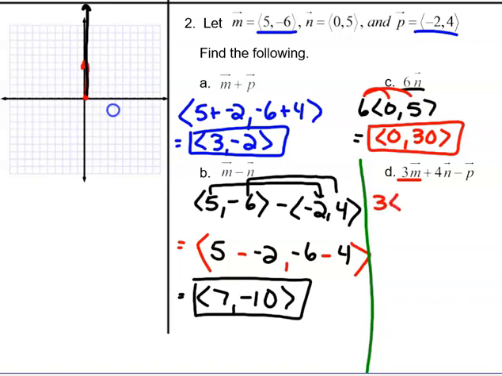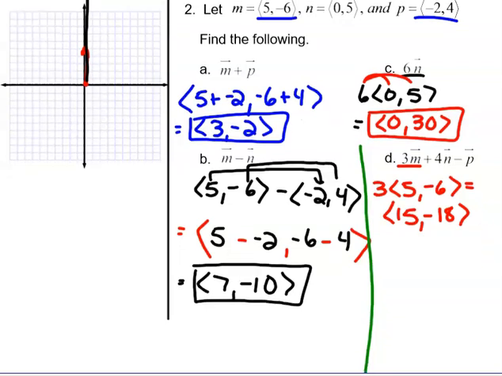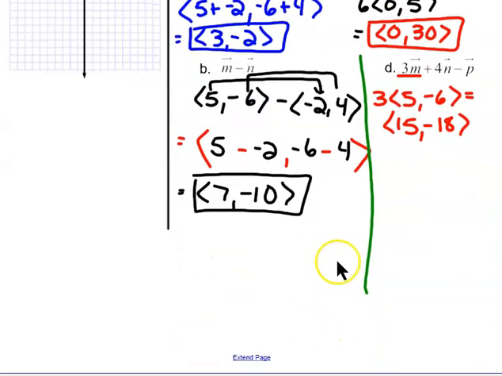So 3 times m, 5, -6, is equal to 15, -18. Okay? So that's that 3m. I'm going to scoot it down a little bit so we can see the whole thing, because I wouldn't normally do it in pieces like that. I just kind of ran out of room.